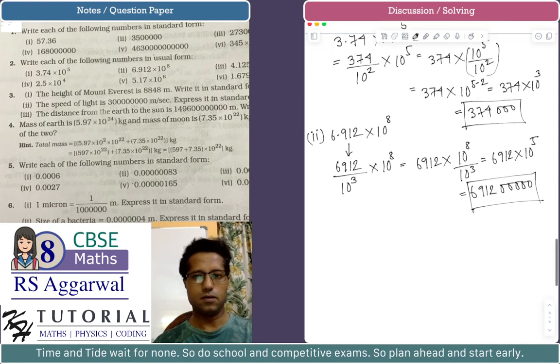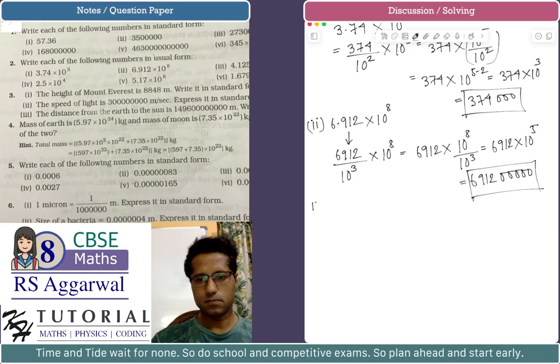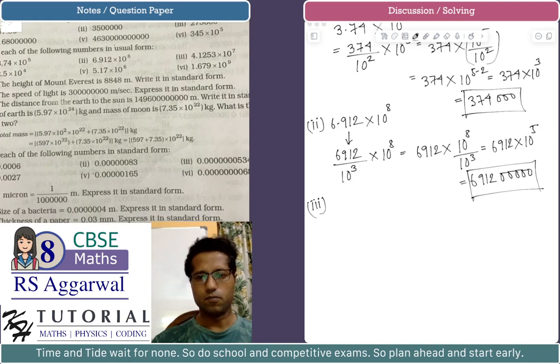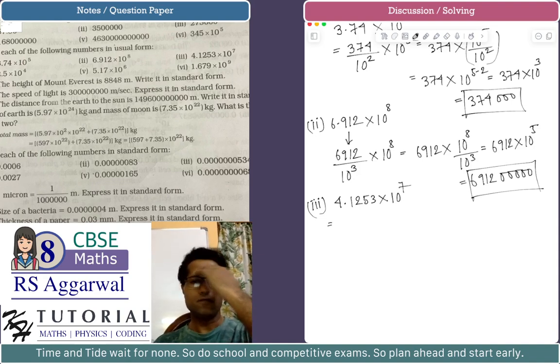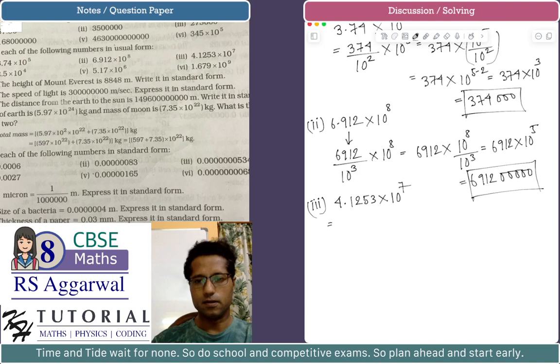Okay, let's see part 3. Part 3 is 4.1253 multiplied by 10 to the power 7. Okay, so I will convert the 4.1253 into fraction form, where the denominator will be a power of 10. So I have 4 digits after the decimal point. So this will be 41253 divided by 10 to the power 4, and I have the 10 to the power 7.